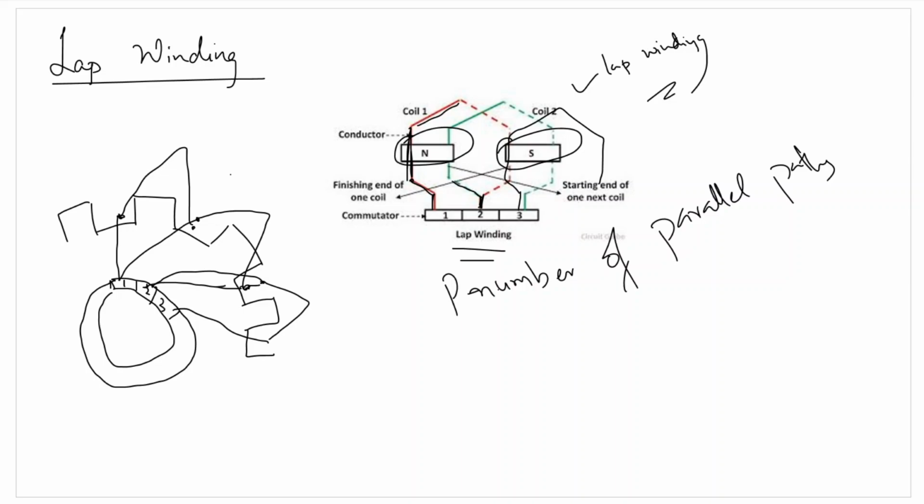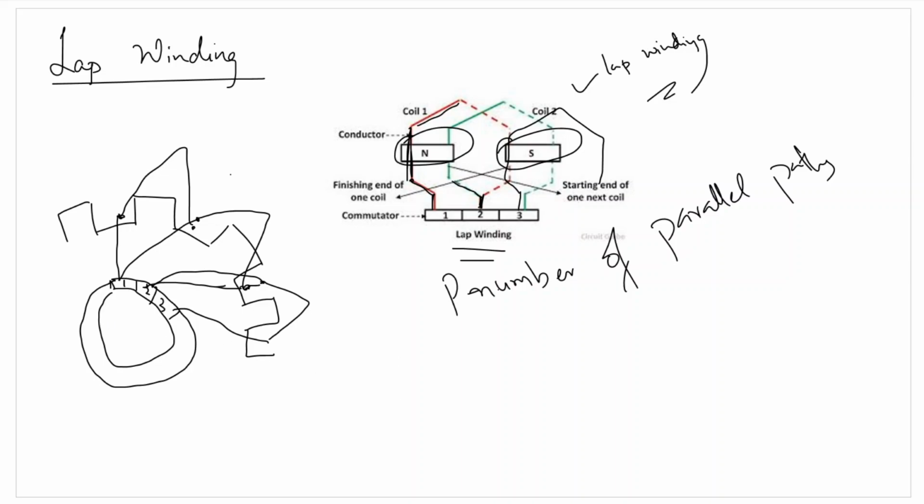So, as a result of this type of winding, p number of parallel paths will be generated. Since a large number of parallel paths are produced because of lap winding, it will be used where a machine is designed for carrying higher currents.